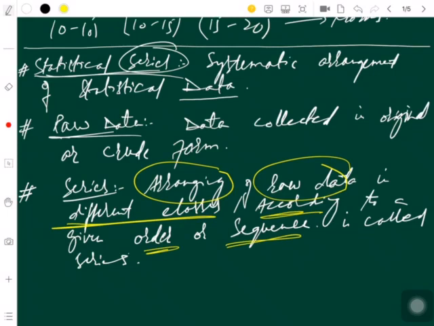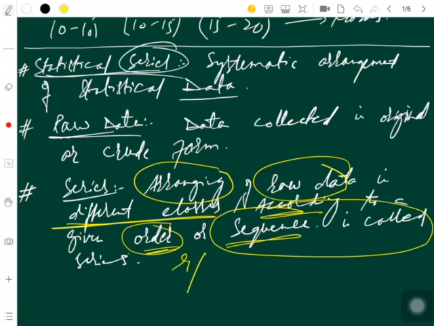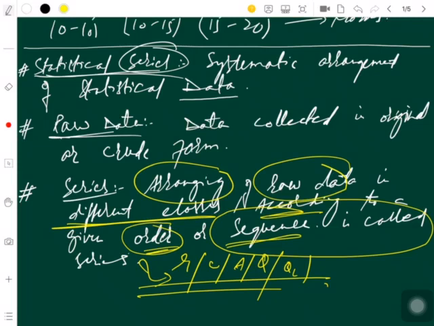The classification done just a few minutes back, that is what we mean by sequence and order: geographic classification, chronological classification, alphabetic classification, quantitative classification, qualitative classification. It can be an order. This order can also serve our purpose.